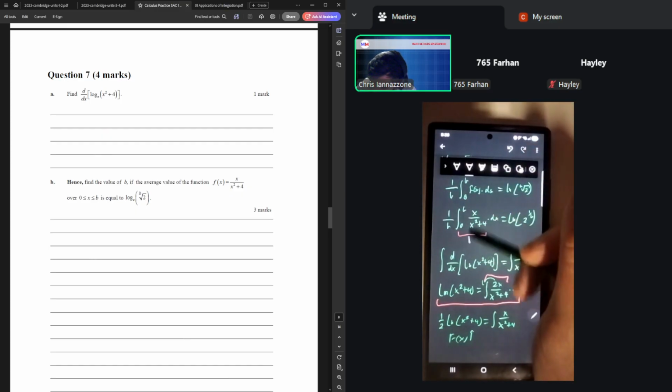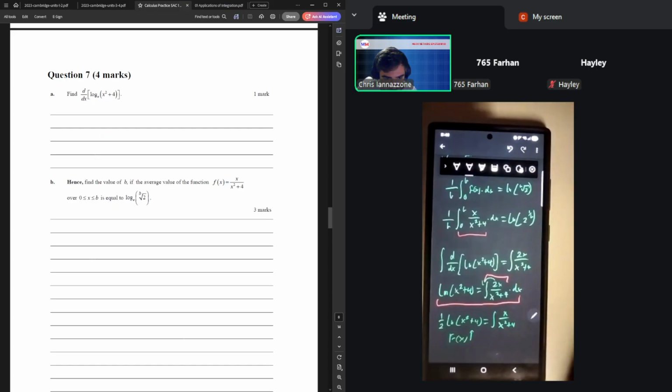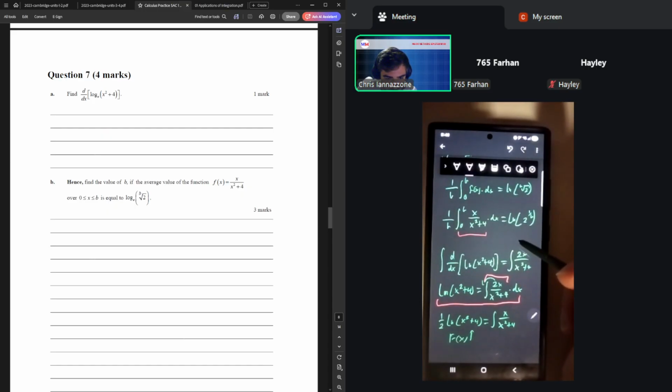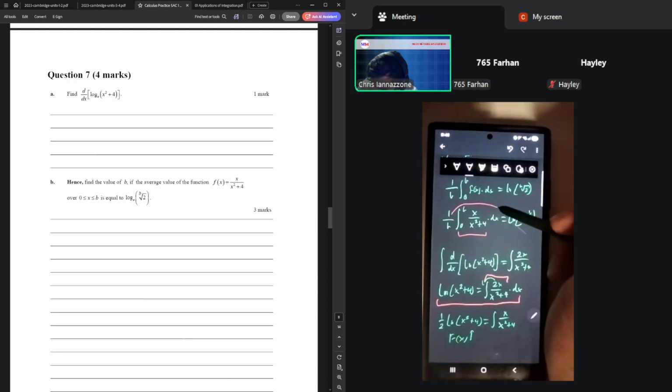Now that we know our capital F of x, that's going to help us do this actual definite integral. We have the first part of it. All we're going to do is evaluate capital F of b minus capital F of 0. Now, I would do a little halfway step here, which is to get this whole definite integral on its own, just putting b over here.